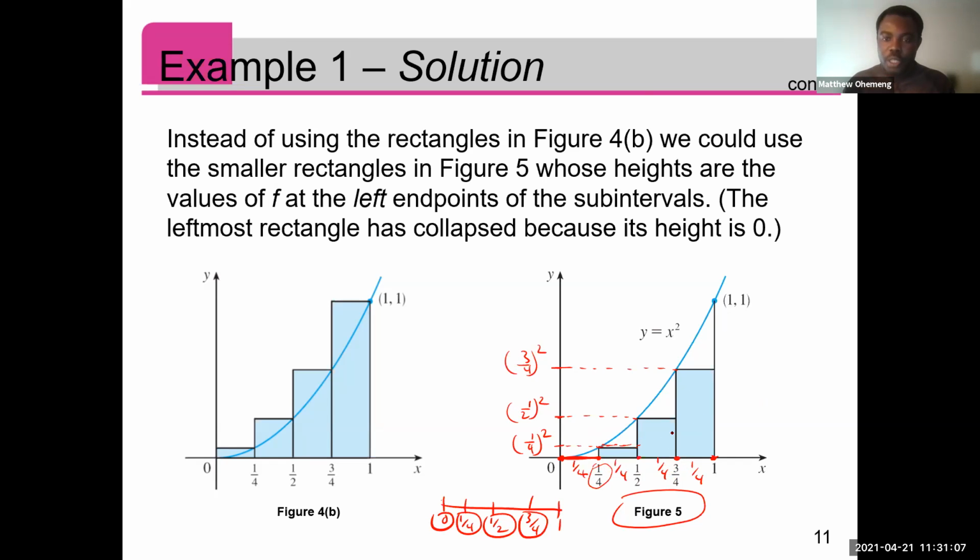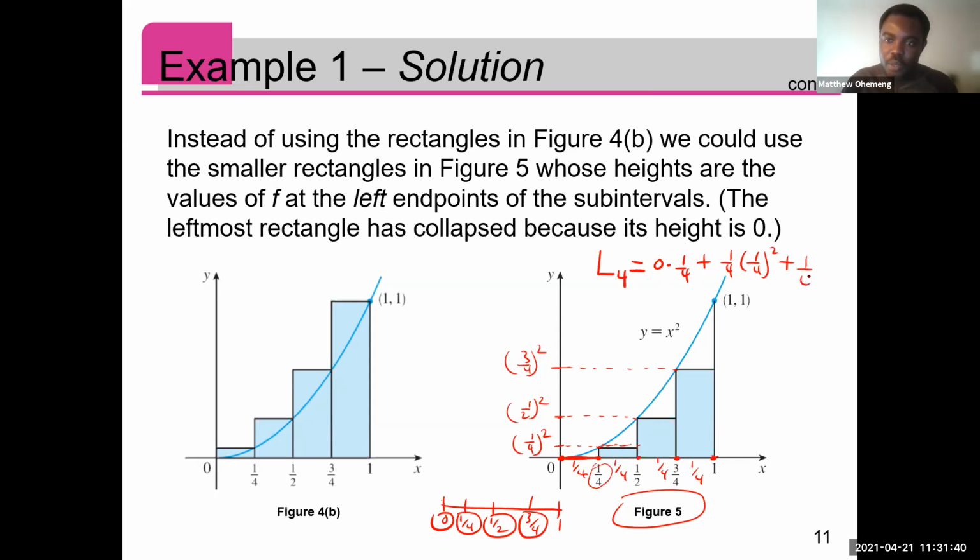So using the left endpoints for the rectangles, the notation is L with subscript 4, because you're using 4 strips or 4 rectangles to approximate this. The first area will just be 0 times 1 over 4. The second rectangle is still 1 over 4 times the height, which is 1 over 4 squared.